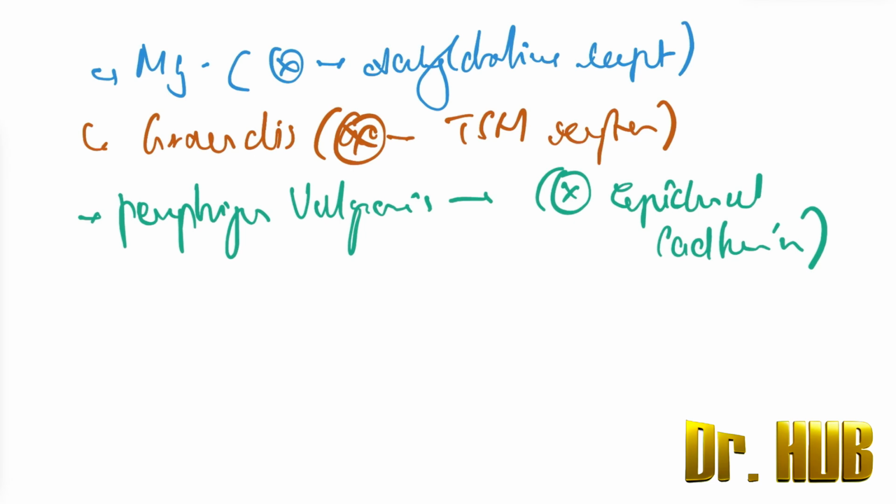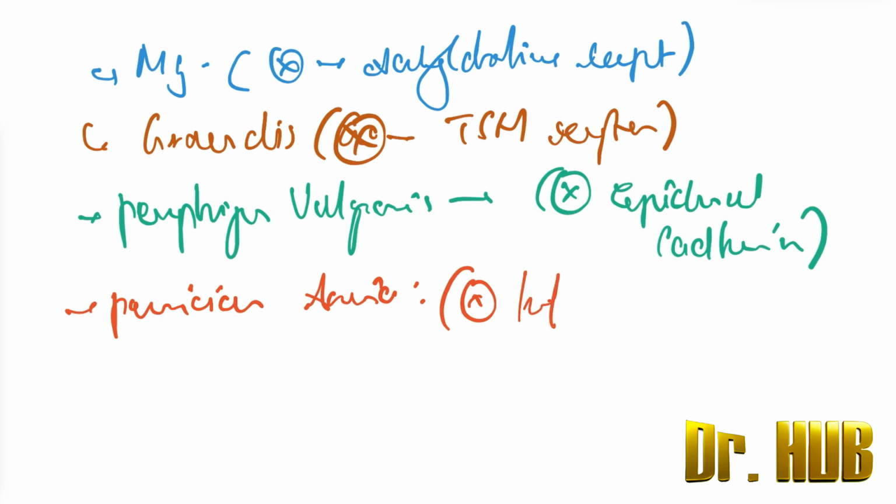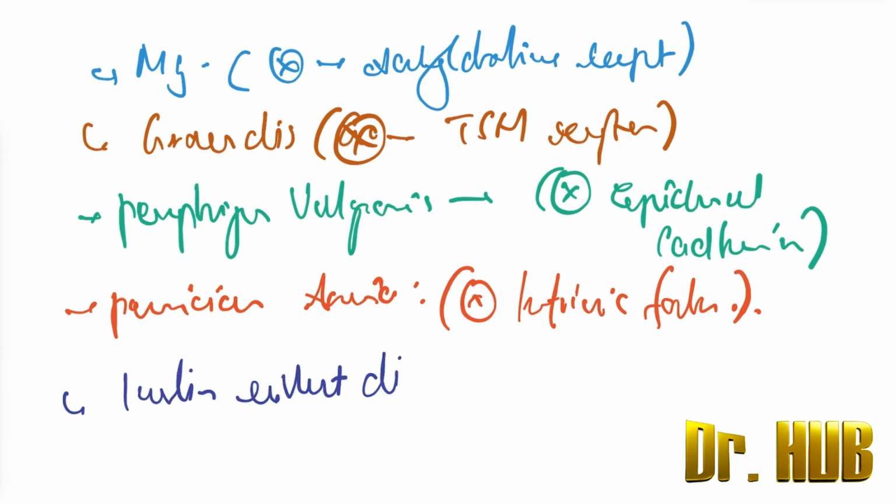Then comes pernicious anemia, which is against the intrinsic factor. Then comes insulin resistant diabetes, which is against the insulin receptors.